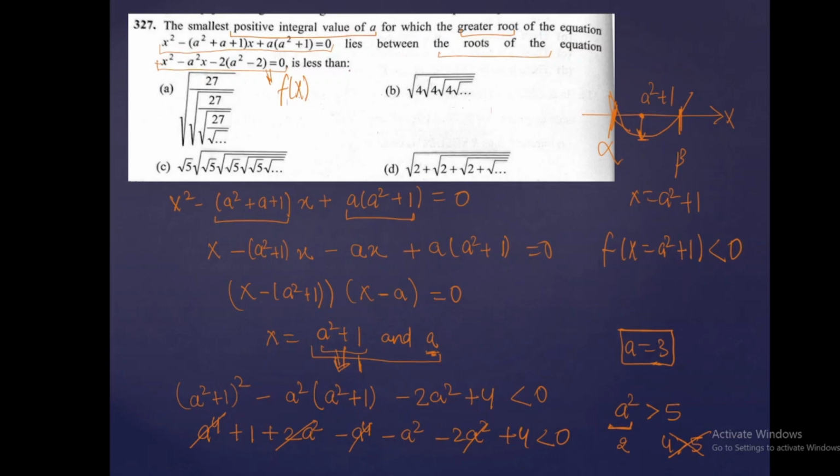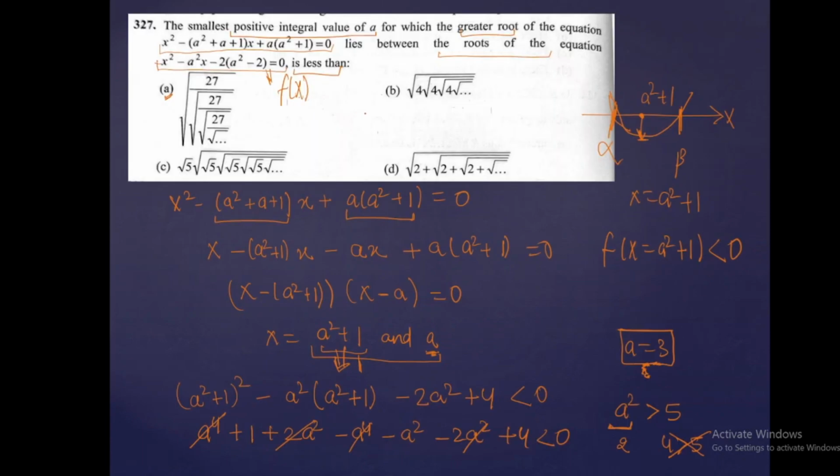We have found it is 3, so we need to check the options which are greater than this, then only this term will be lesser. So let me first write the options, then I will explain.